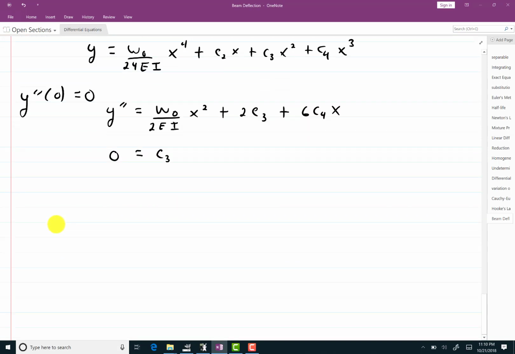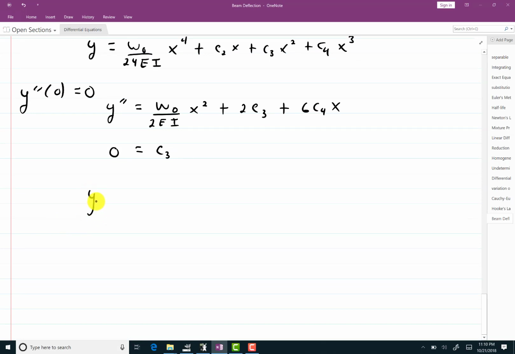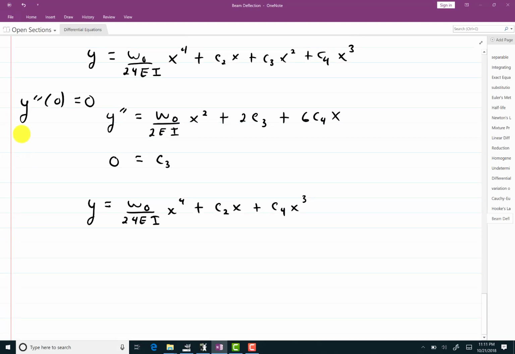So here's what we have so far. Y equals w naught over 24EI x to the fourth plus, no c1 anymore, but we've got c2x plus c4x cubed. Now let's use the L conditions.